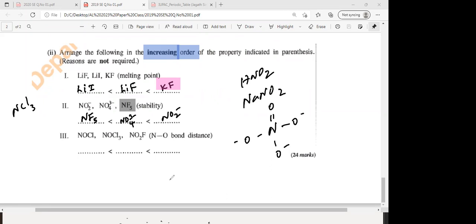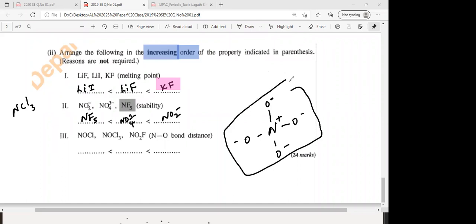There can be a plus charge also, you can have plus and minus like this. Nitrogen cannot have more than 8, so at least the octet is completed.